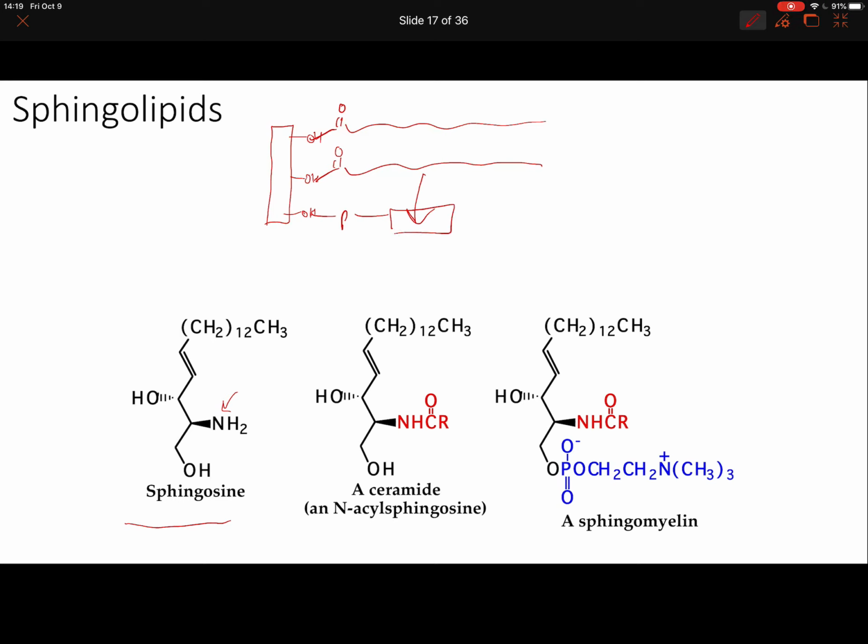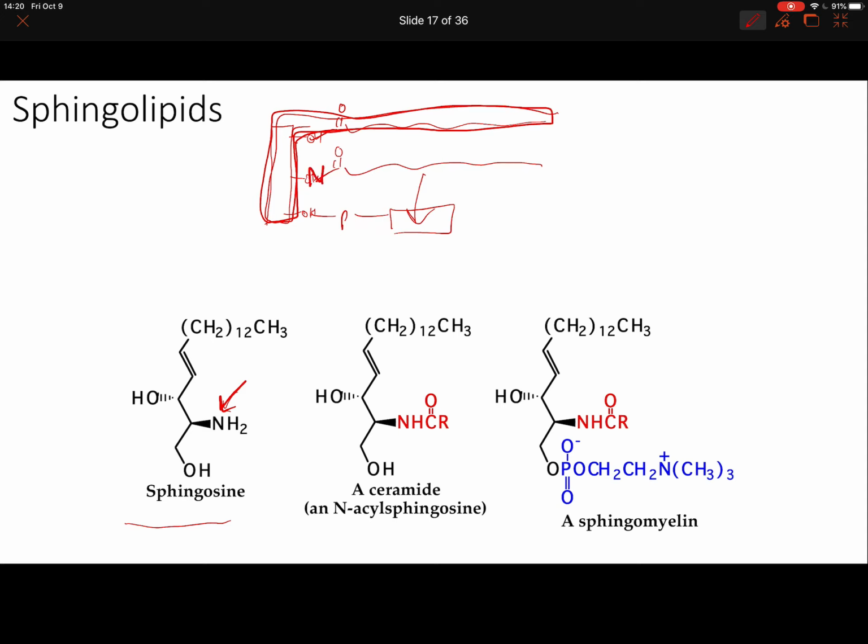All right. In sphingosine, remember the top part sort of already looks like the glycerol with a molecule of fatty acid on it. But then instead of getting that fatty acid attaching to the alcohol group on sphingosine, it's worth noting here that it's on the amino group. So that's where they're different as well.